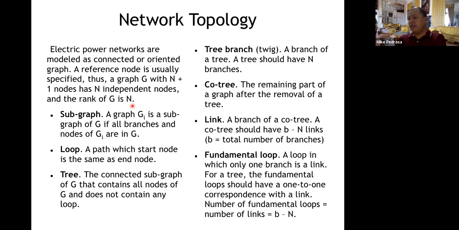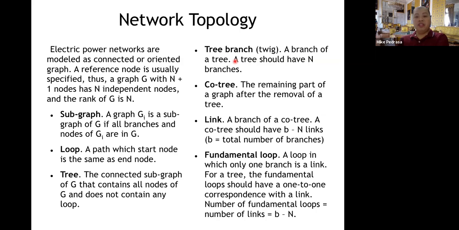So let us define subgraph. A subgraph is just a subset of the graph. A loop is a path that starts and ends at the same node. A tree is a connected subgraph of G that contains all nodes of G and does not contain any loop. The branches in the tree are called twigs or tree branches.